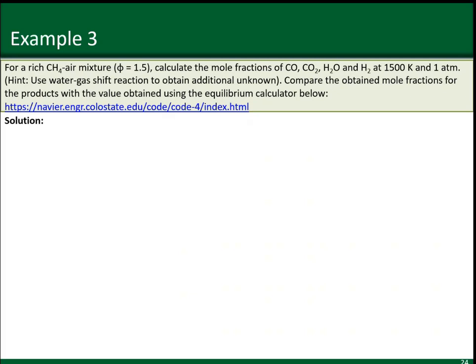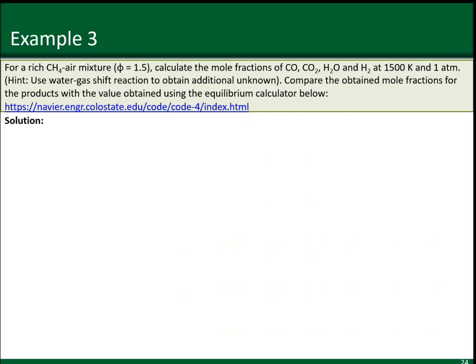Now, this is one of the many equilibrium calculators you can find, and the idea is just to tell you that, look, if you're looking at a certain reaction and you know what conditions you're looking for, then you should be able to get something similar, either by doing a calculation if needed, or from the calculator itself. All right, so let's get going with this.